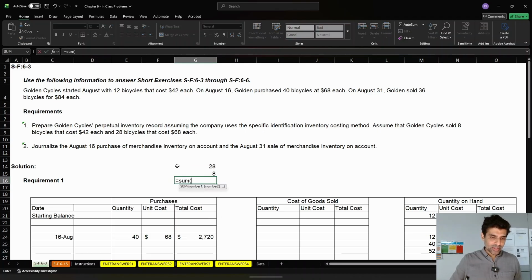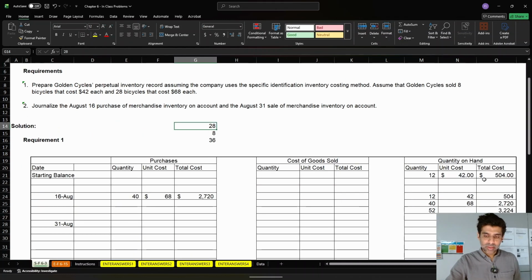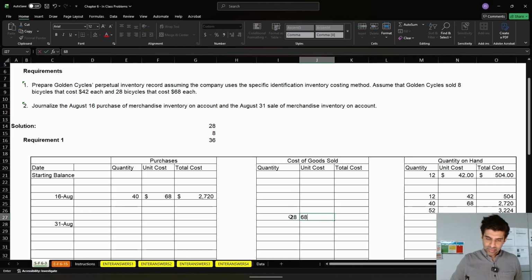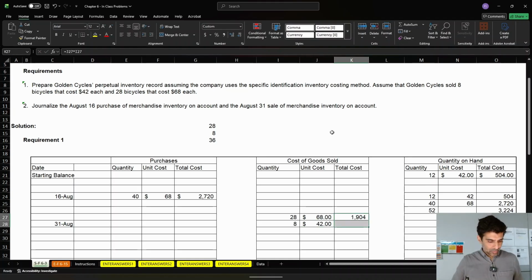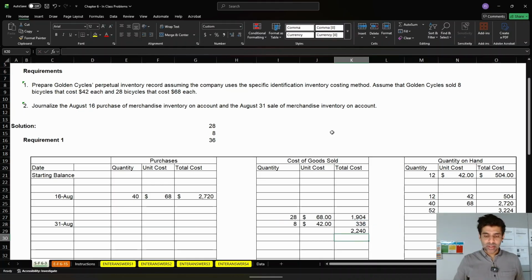So this is how we're accounting for those 36 units. 28 of them were from this bucket, priced at $68 each, and then 8 of them are $42 each. So the total of my cost of goods sold is $2,240.